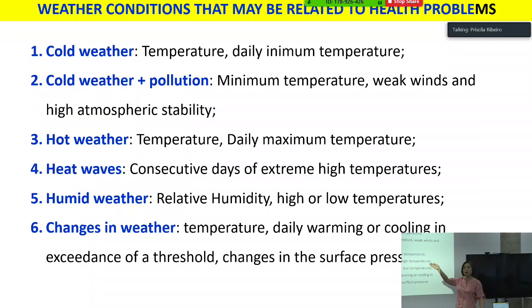Or if it's pollution, probably you would need weak winds and high atmospheric stability. When the atmosphere is very stable, there is very little mixing. Things don't diffuse or disperse.